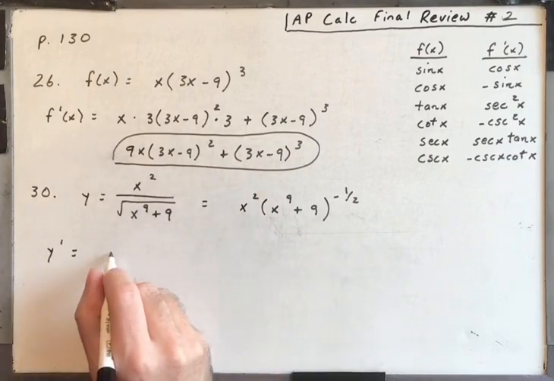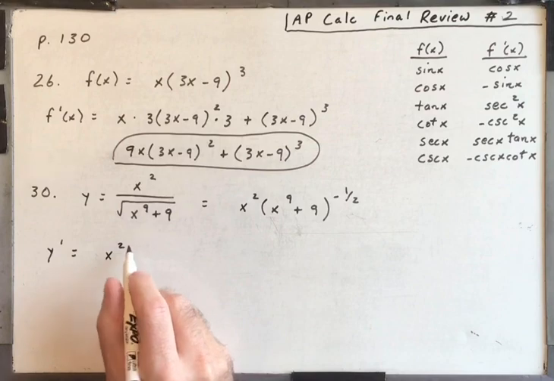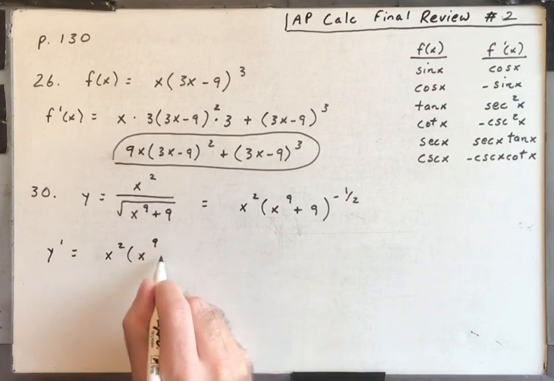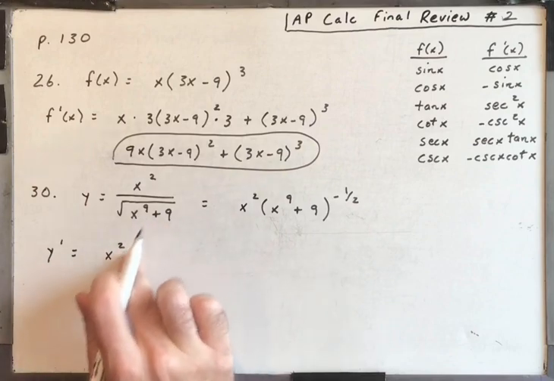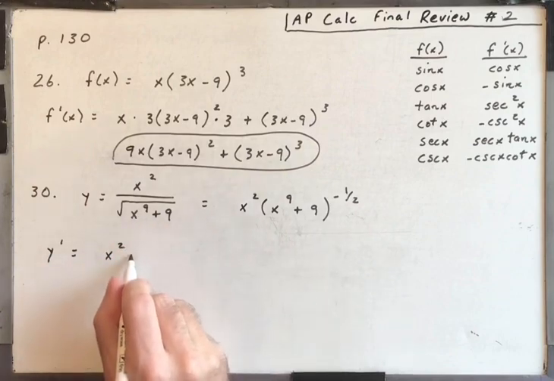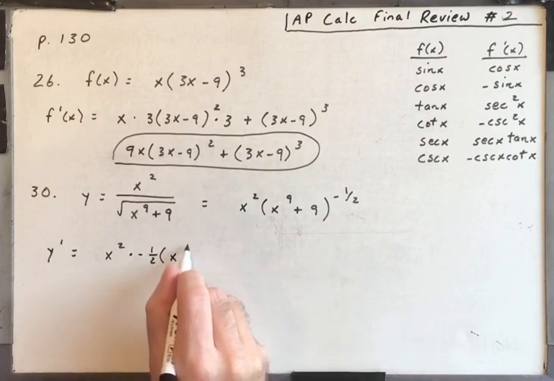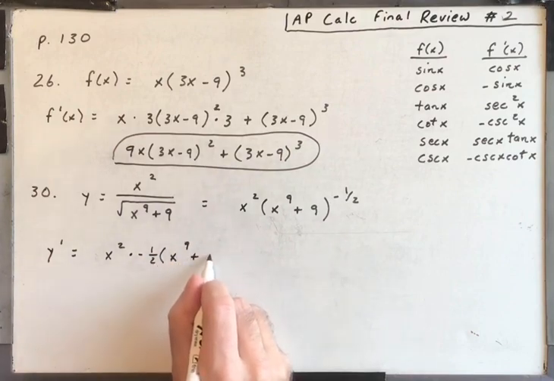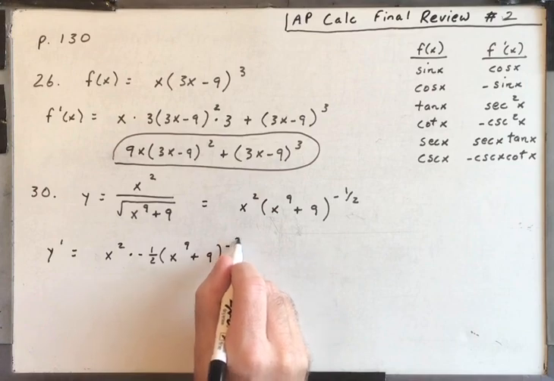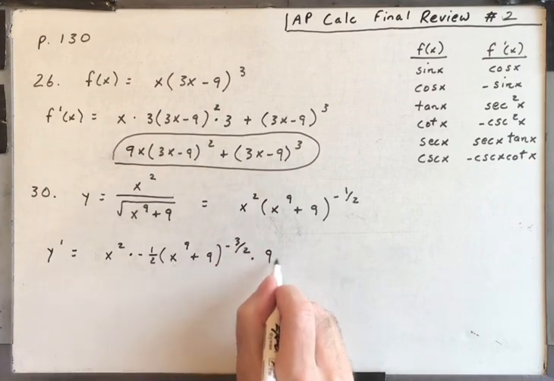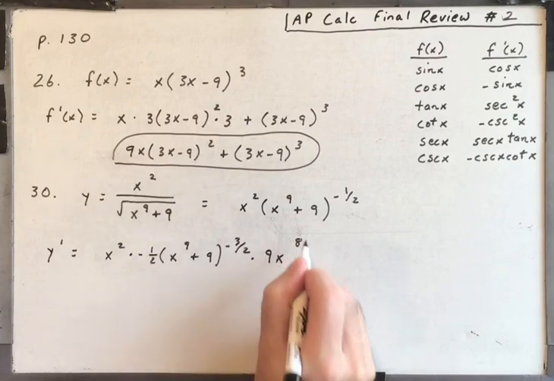Okay, so the first, x squared, times negative 1/2, times (x to the 9th plus 9) to the minus 3/2. I forgot the block, so times 9x to the 8th.